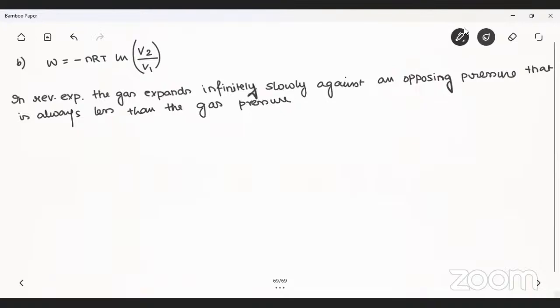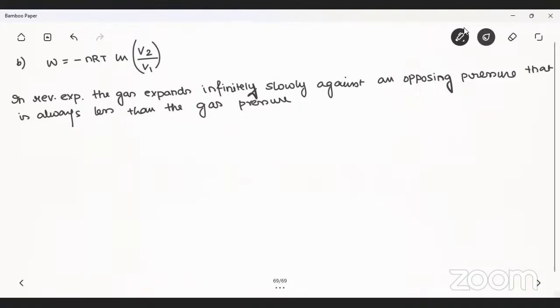So for a reversible process, we use this formula. What does reversible expansion mean? Reversible expansion means the gas will be expanding infinitely, but there will be an opposite pressure. The gas is expanding, but there is a small pressure which is opposing the system.